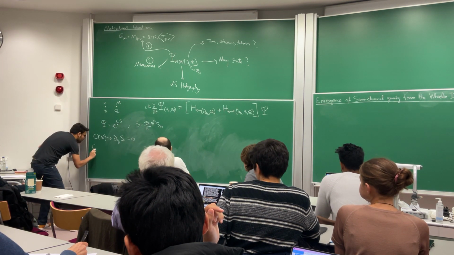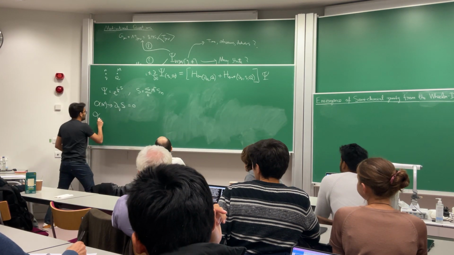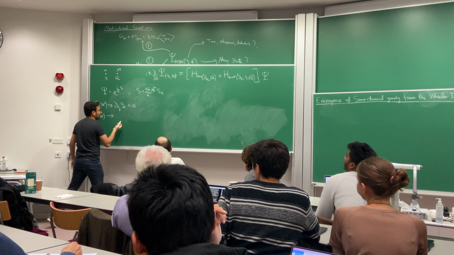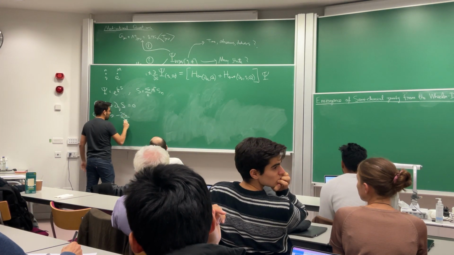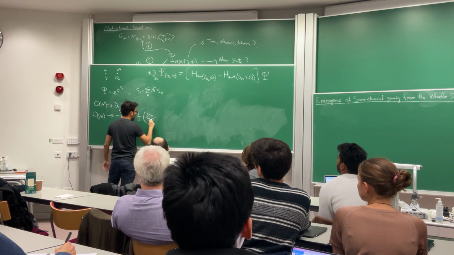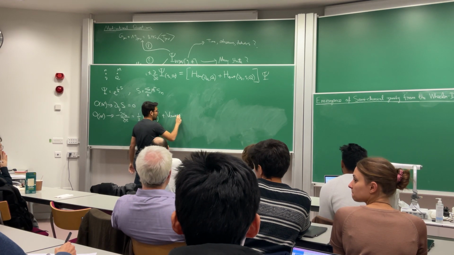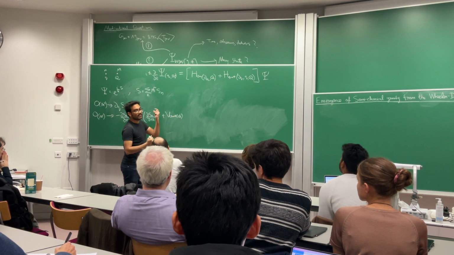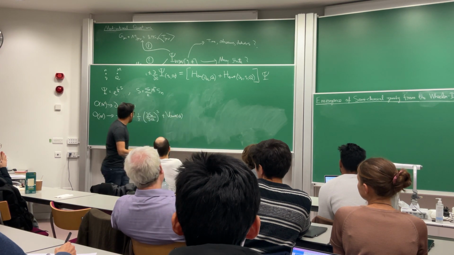And on the next order, what I get is, V class is just the classical potential term in this H class, and I get this equation.